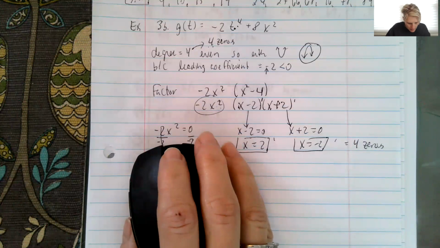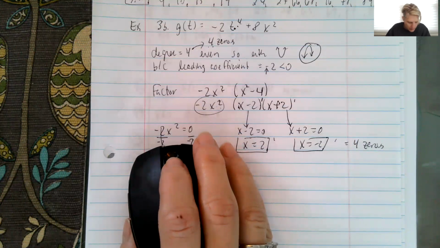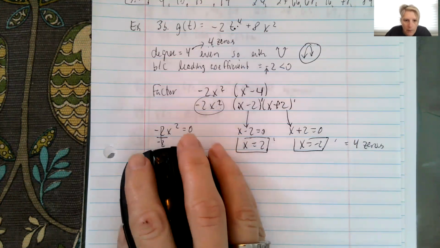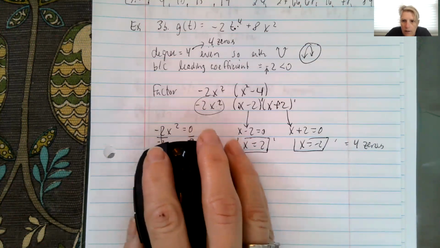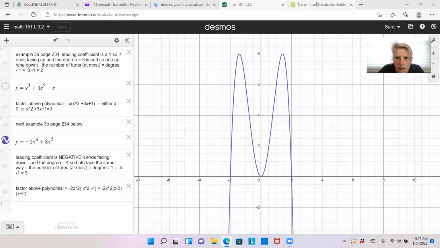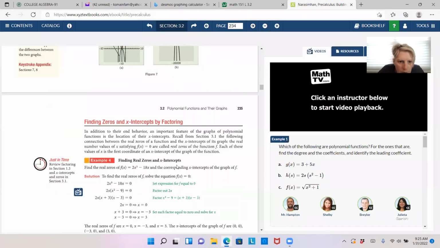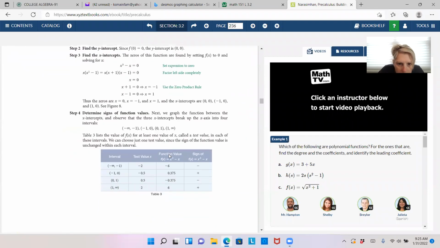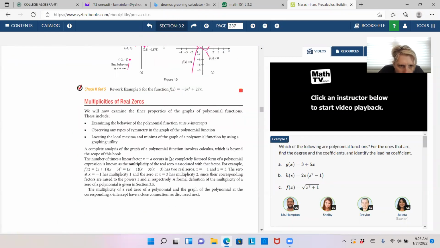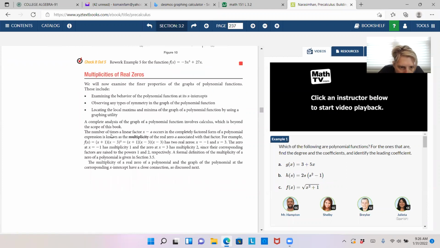Okay. So the multiplicity thing comes up on page 237. So let's go there in the book for a moment, so that you all can see the multiplicity thing right here.